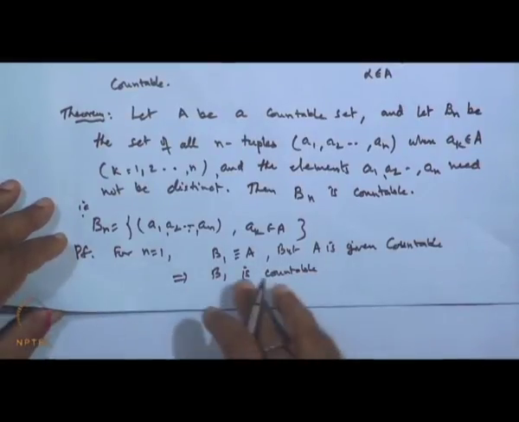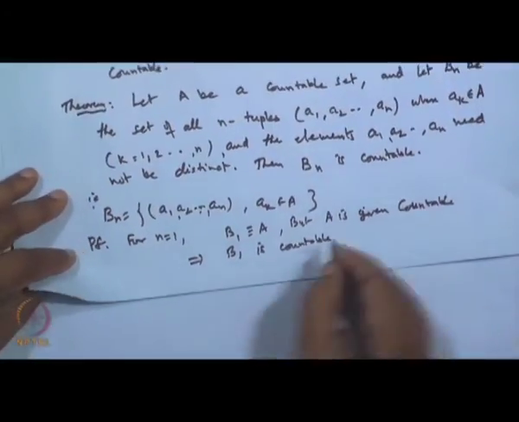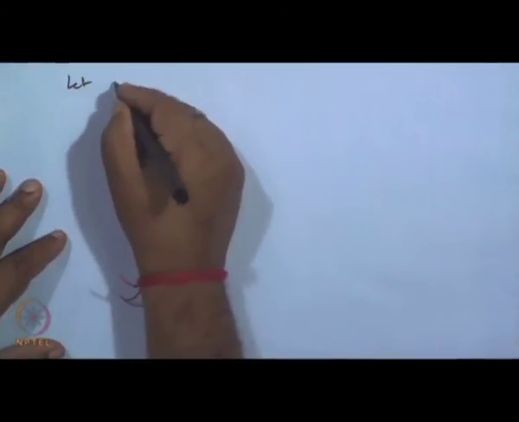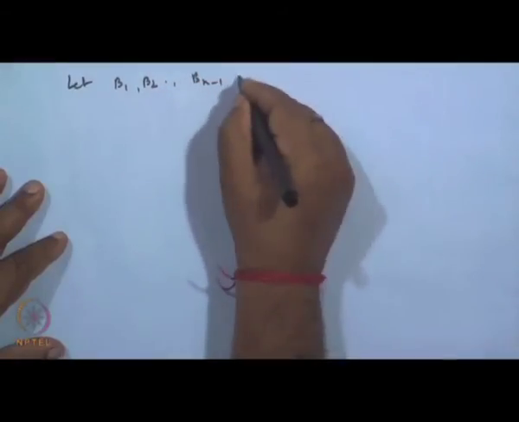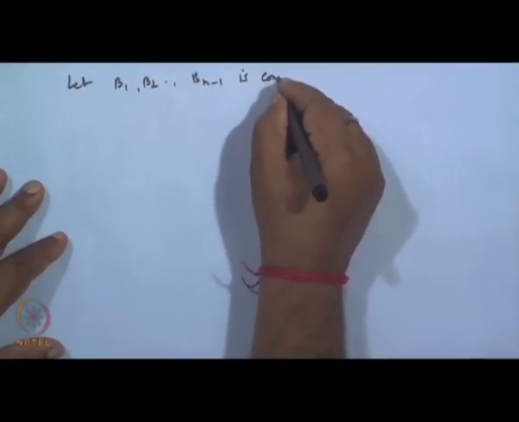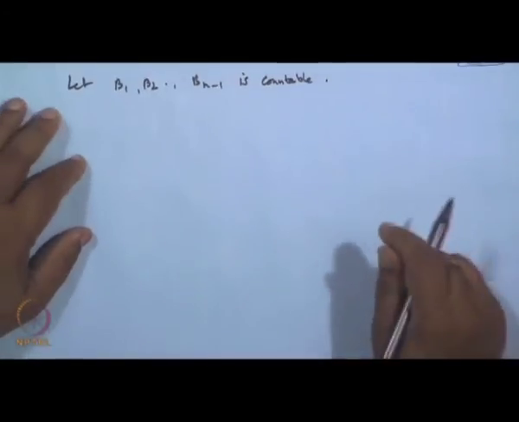Let us assume that B1, B2, up to B n minus 1 are countable sets. Okay. Now, we will prove it for B n.